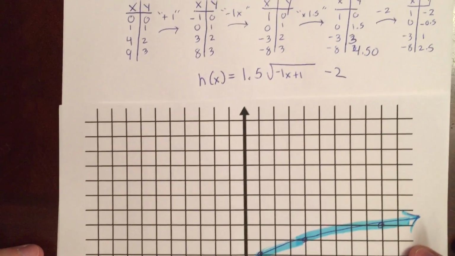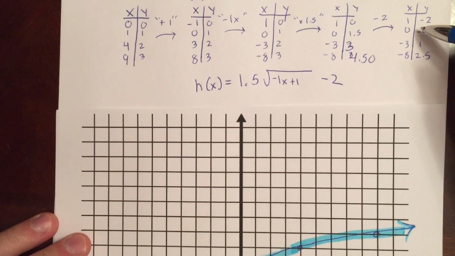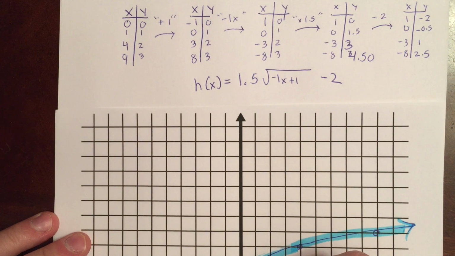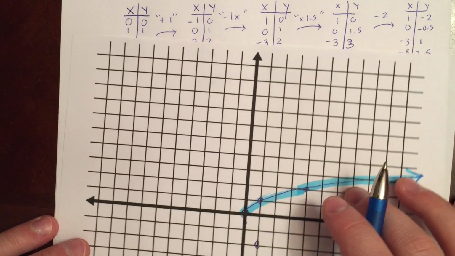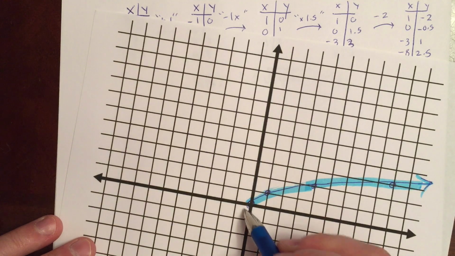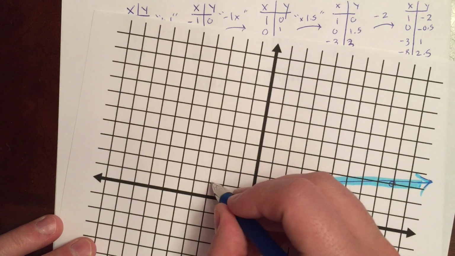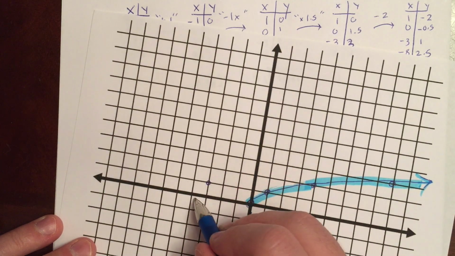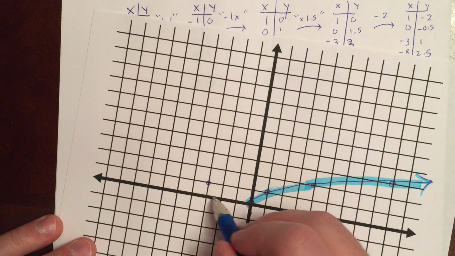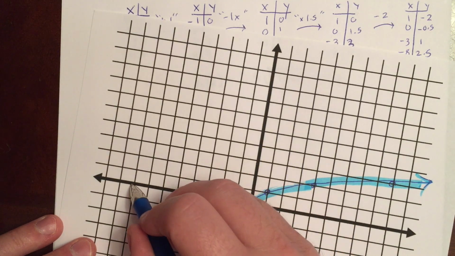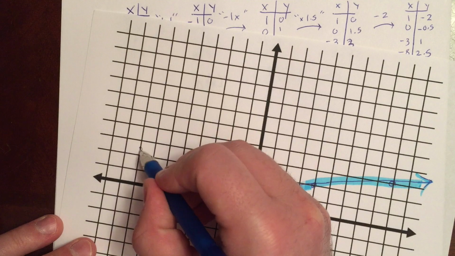Now, our final table here was 1, negative 2, 0, negative 0.5, negative 3, 1, and negative 4, 2.5.